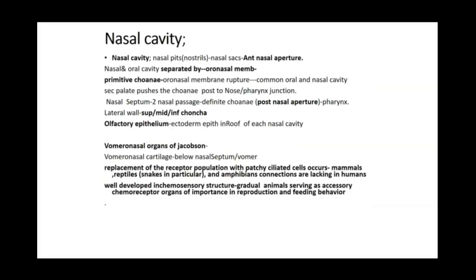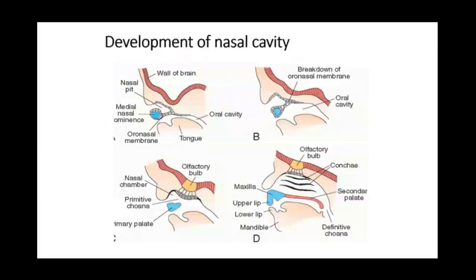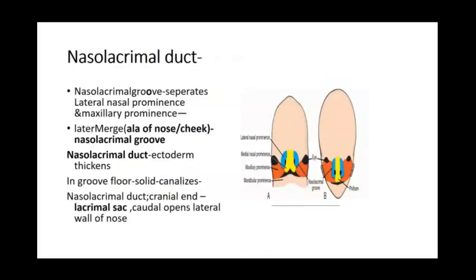The nasal septum develops two nasal passages, definitive choana, posterior nasal aperture, pharynx. Then you develop the superior, middle, and inferior concha. Then the olfactory epithelium develops, and this is all by the vomeronasal organ of Jacobson. This develops in the nasal septum. That is where you have the sense of smell, right? So that is how the nose is developed.